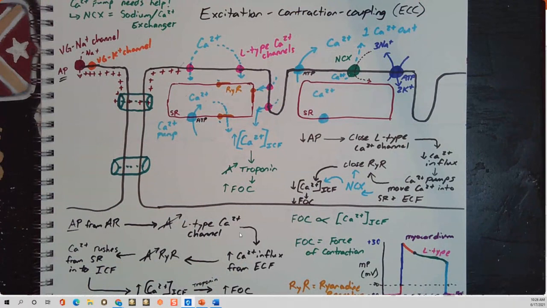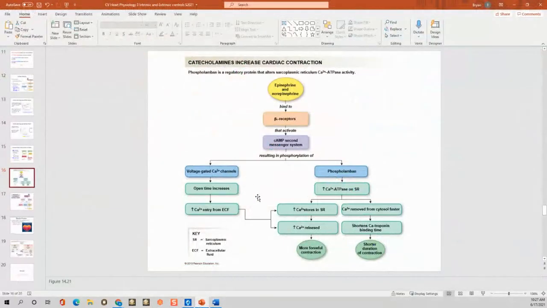You can draw in some of the normal function, get rid of all of these excess flow charts and stuff. And what I want you to do is fill in what's happening. So we're going to have beta-1 adrenergic receptors, norepinephrine, epinephrine, and I want you to draw those into this diagram.